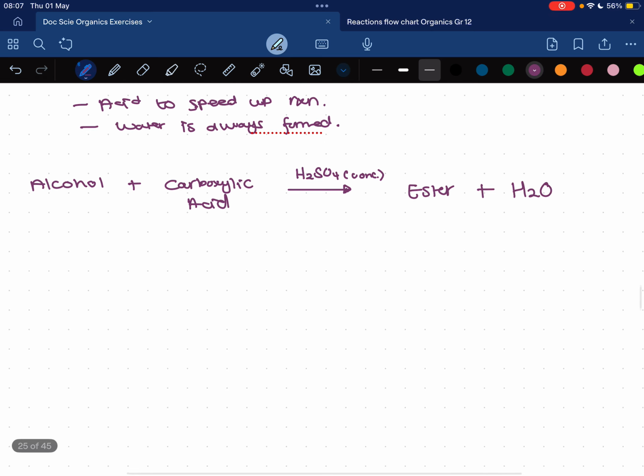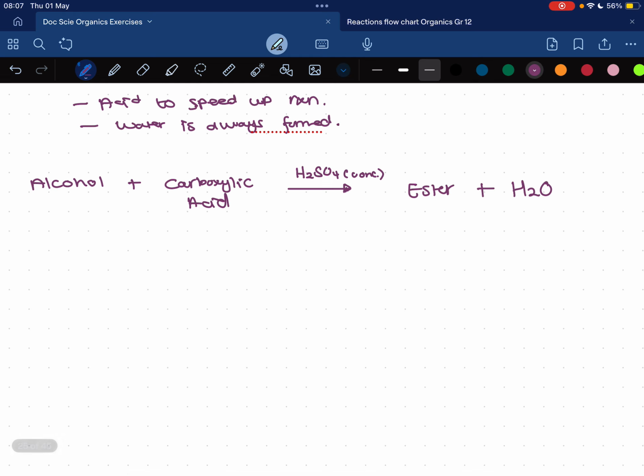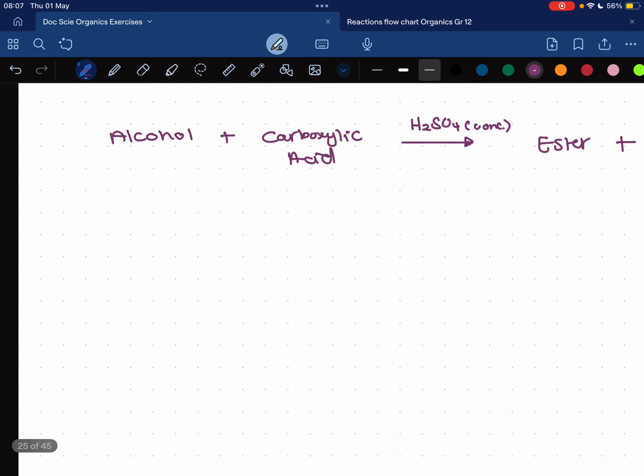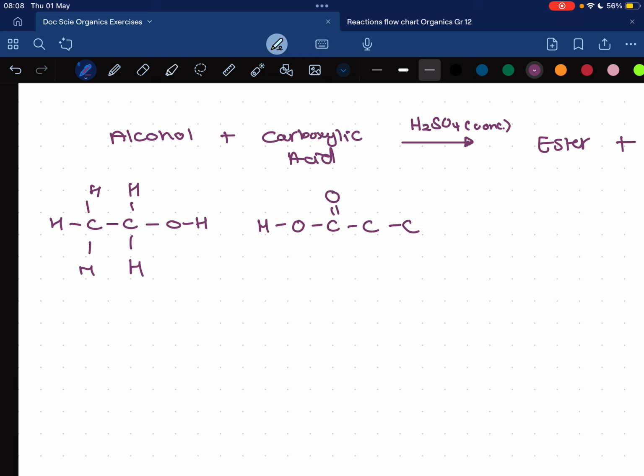Okay, because if you think about it, there's this OH that has to be removed. So if we look at an alcohol, we would say, well, if we had ethanol, like that, and we have the carboxylic acid, so we would maybe look at propanoic acid. C double bond O, C, C.